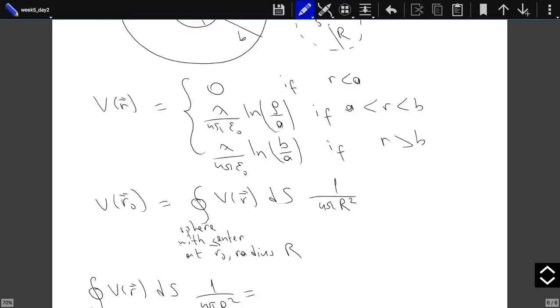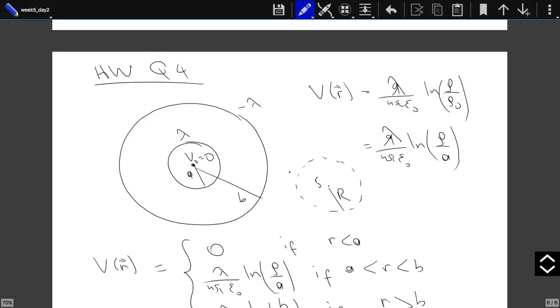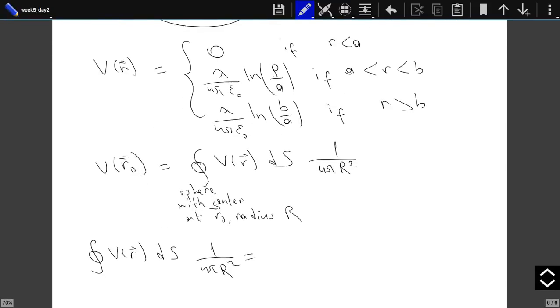Let's look at this one. On the surface of this sphere, what is my potential? Lambda over 4 pi epsilon 0, logarithm of B over A, integrated over the surface, divided by the total area of my sphere.